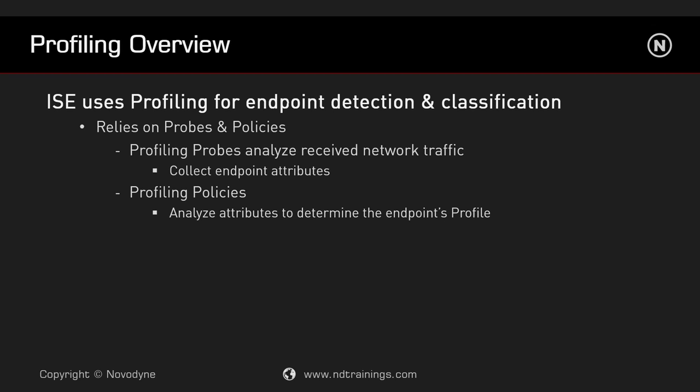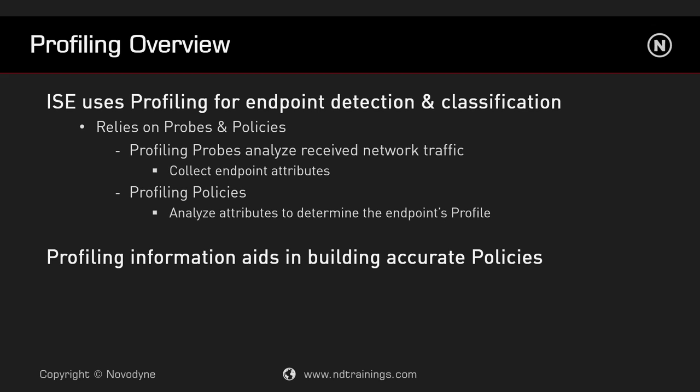Now, technically, individual rules that policies are made of. And now, the main reason why we might want to enable the profiling engine is going to be the enhanced visibility into the environment. Because with profiling in place, we will be able to distinguish between, as I said, types of devices connecting.